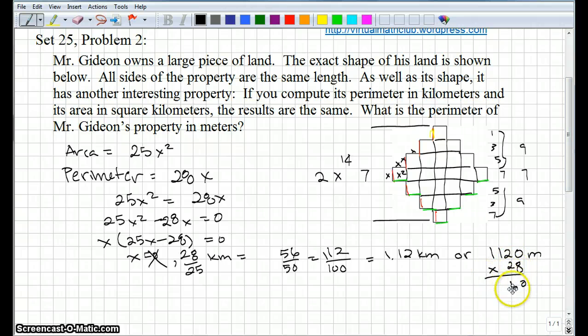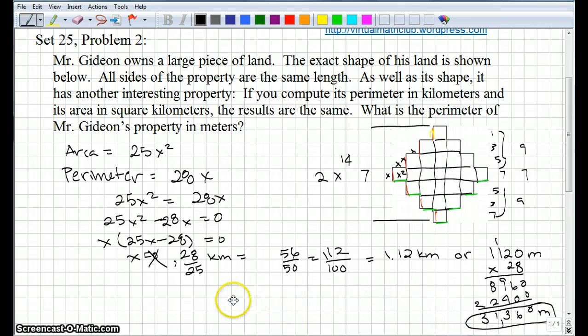We would get 31,360 meters is the perimeter.